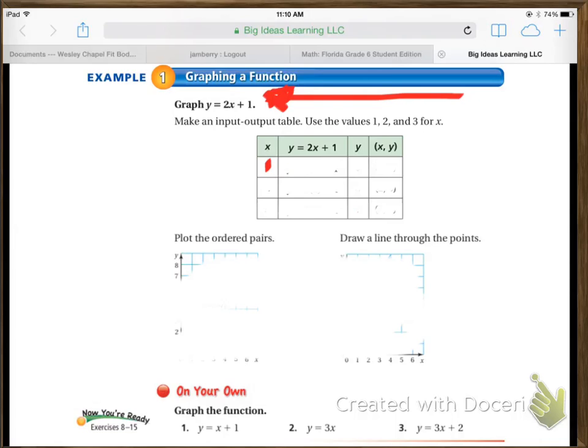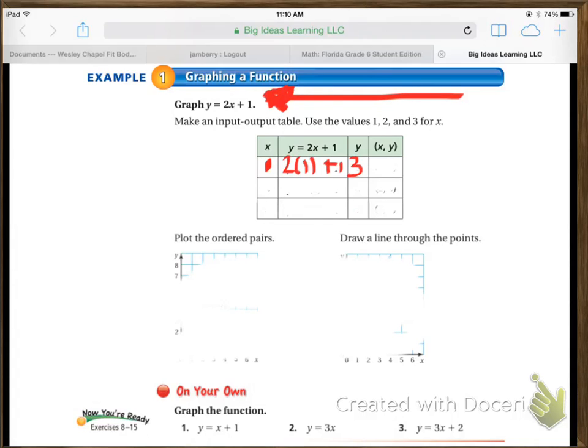So we're going to go through here and put 1 and plug this in. If x is 1, then I'm going to have 2, substitute 1, plus 1. So I have 2 times 1 is 2, 2 plus 1 is 3.